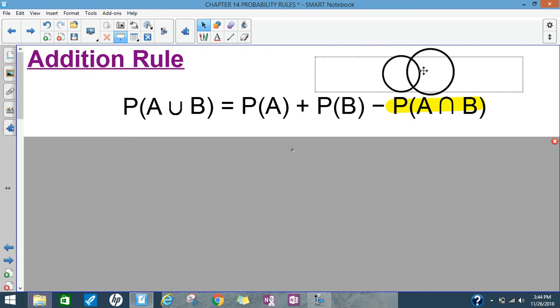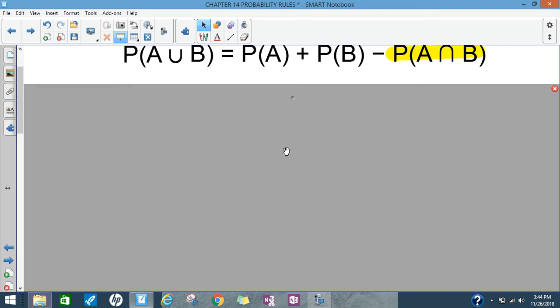But if I draw them like that, we have this overlap, and that's when they're not mutually exclusive, and so we end up counting this space in the left circle and in the right circle, and so we've counted that space twice. So that's where we subtract away this portion. That's going to make a lot more sense in a minute when we do a problem together.